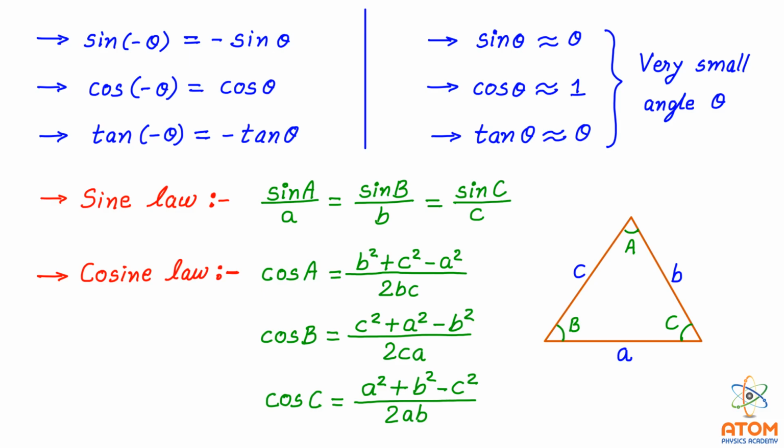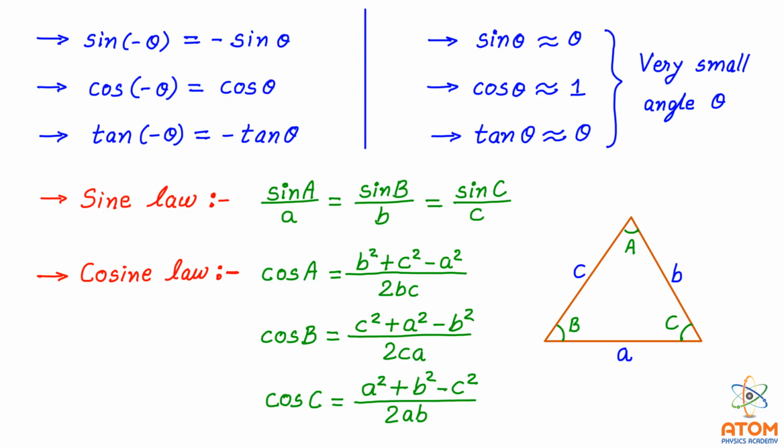I repeat, the ratio of sine of an angle and the opposite side of that angle is the same for every angle. That means the ratio of sine of A with a is equal to the ratio of sine of B with b is equal to the ratio of sine of C with the side c. They all are the same.